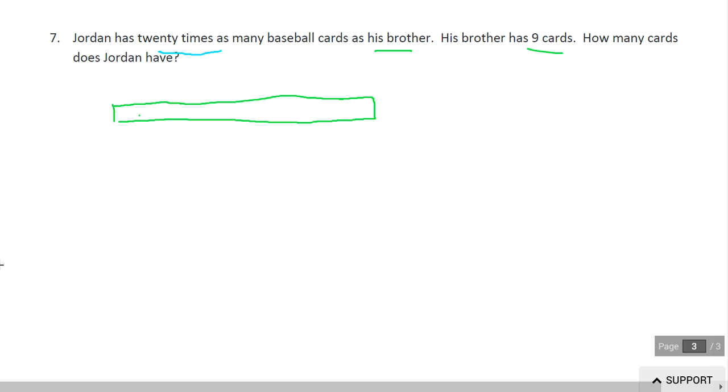So we've got that, and now his brother only has 9 cards.